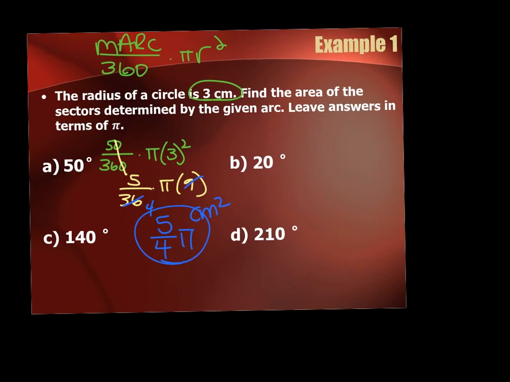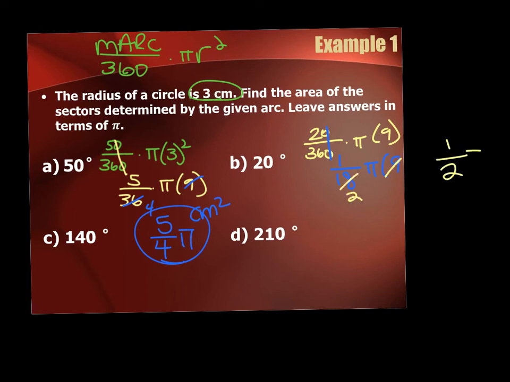So same thing for B. Measure of the arc over 360 times pi. We now know it's 3 squared, which is 9. Cross through the zeros. That becomes 1/18 times pi times 9. 9 goes into 18 2 times.